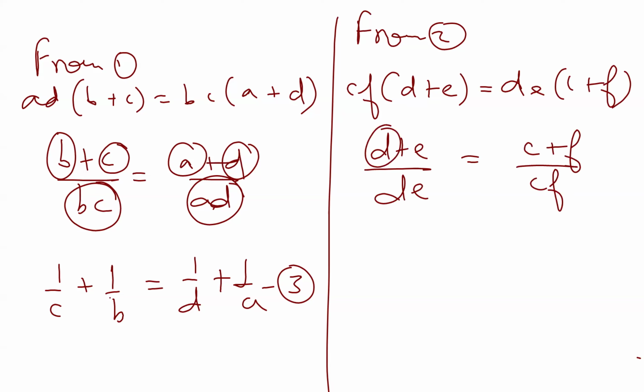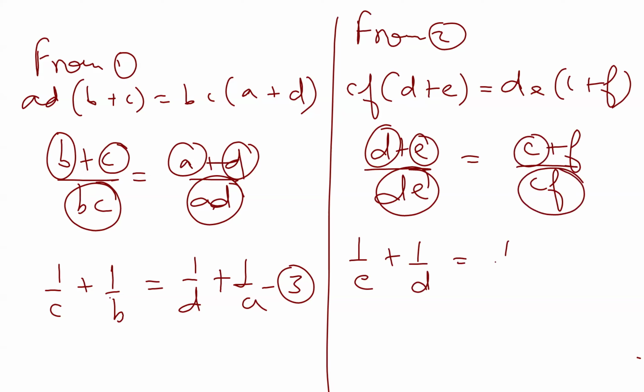Split: DE upon DE, E upon DE is 1 upon D, D upon DE is 1 upon E. C upon CF is 1 upon F, plus F upon CF is 1 upon C. Equation number 4.